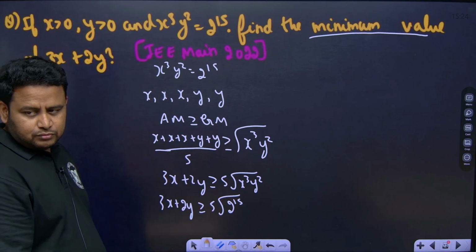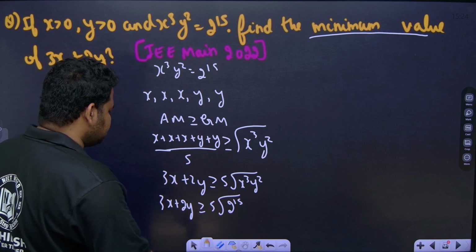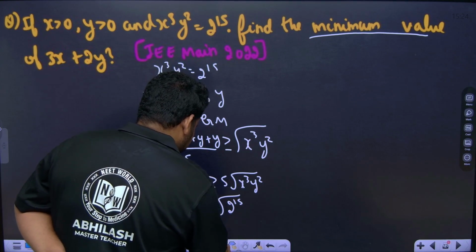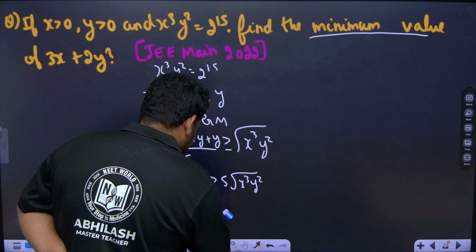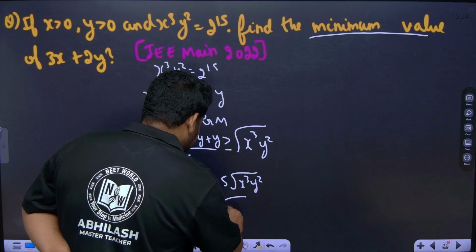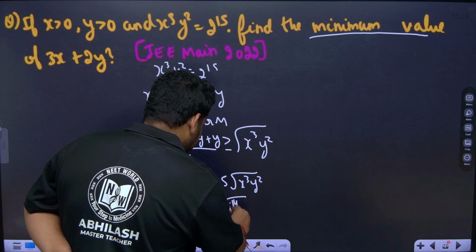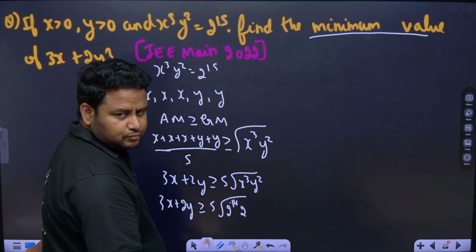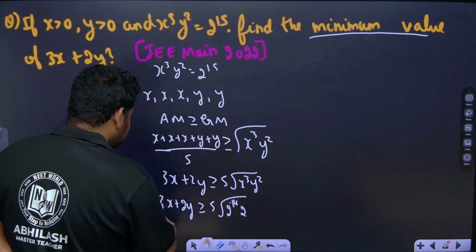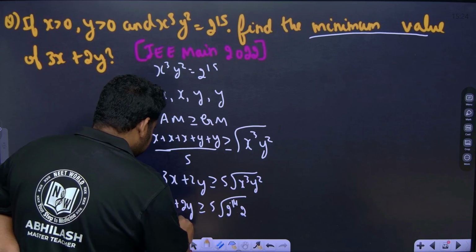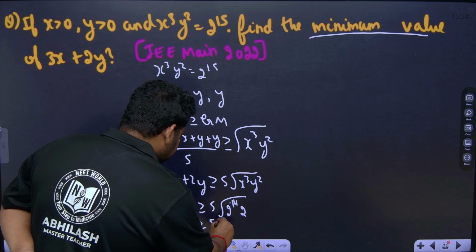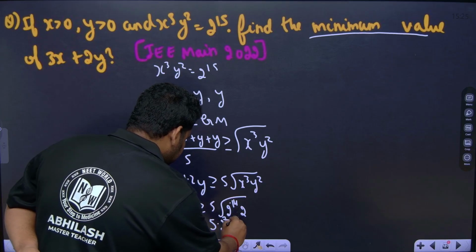So 2 power 14 into 2 gives 2 power 7 into root 2. 3x plus 2y will be greater than or equal to 5 times 2 power 7 into root 2.